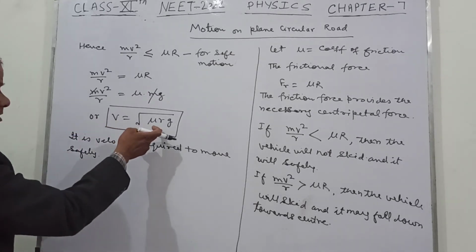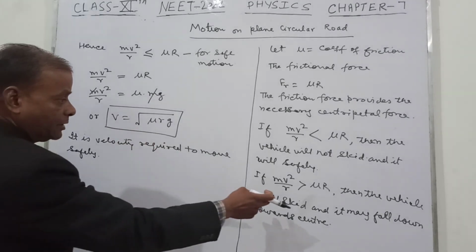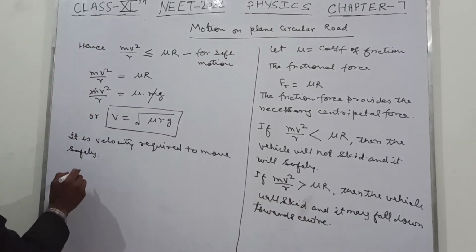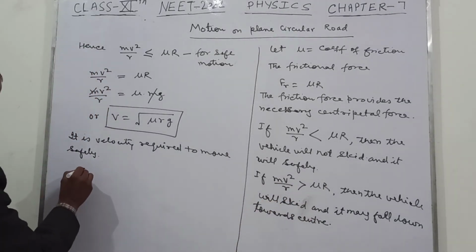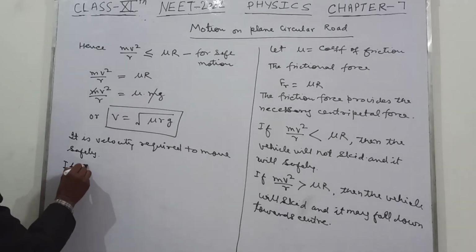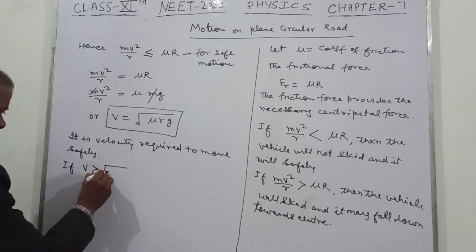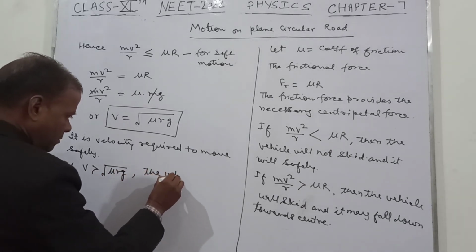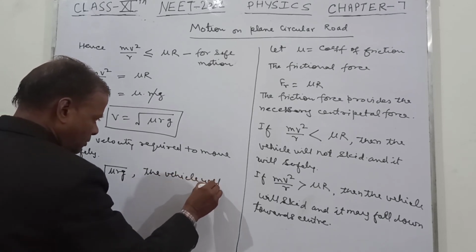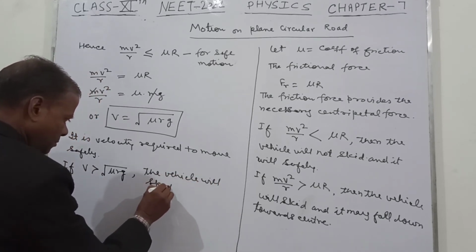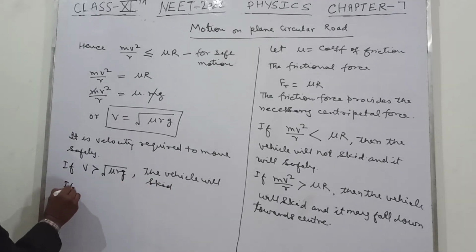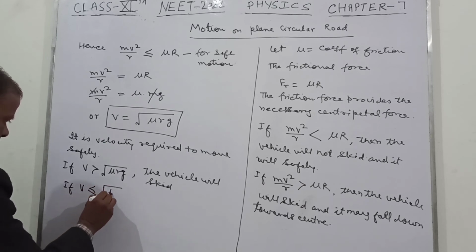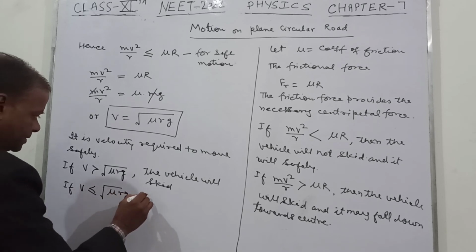If v is greater than the square root of mu R g, the vehicle will skid, and if v is less than or equal to the square root of mu R g, it is safe.